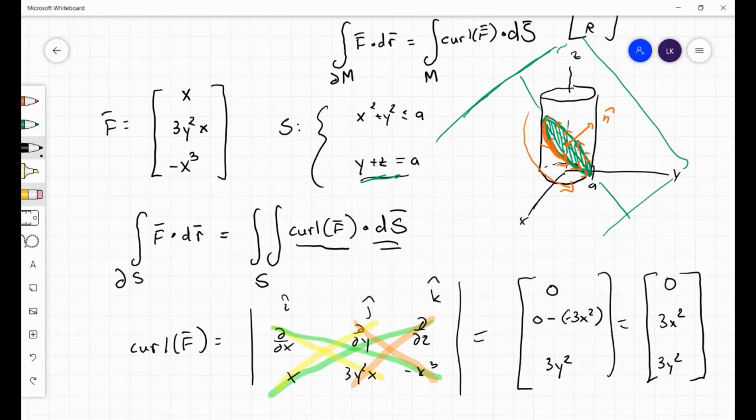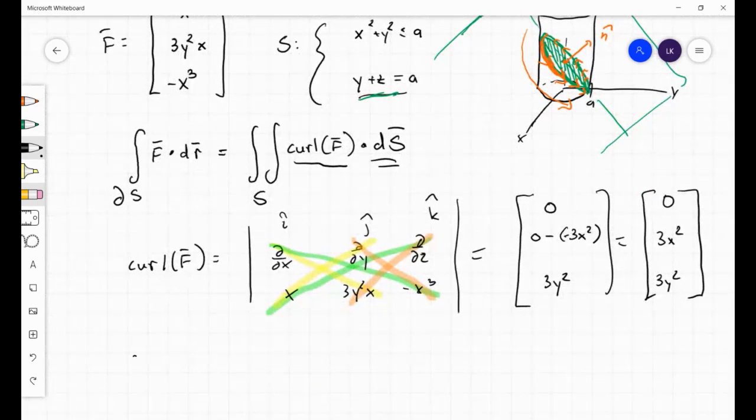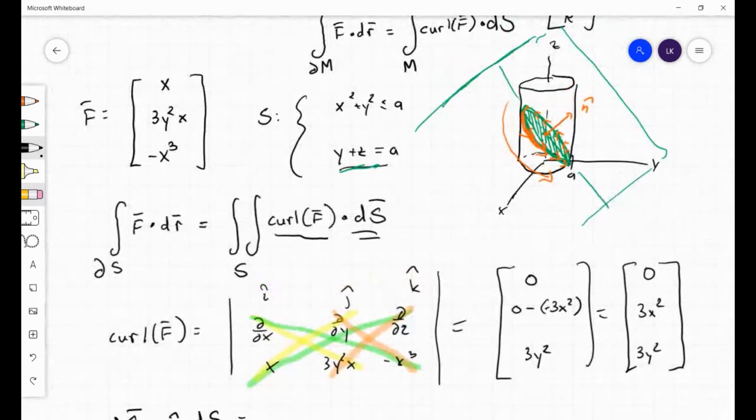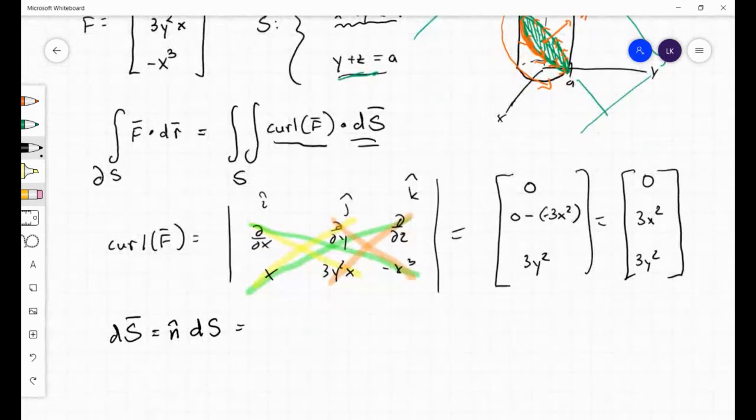Now to get dS, remember what we have to do. dS, the differential surface area element with a unit normal, is equivalent to, if you have a parametrization, so let's think of a parametrization for that surface. I think it's pretty obvious that since we're inside the cylinder, we can parametrize S using x and y.